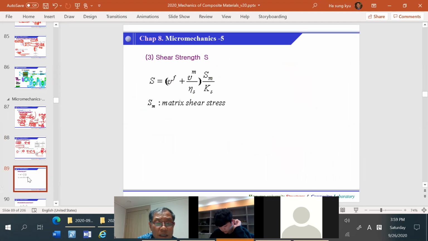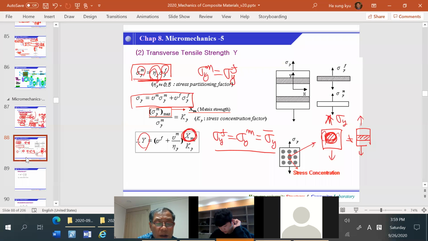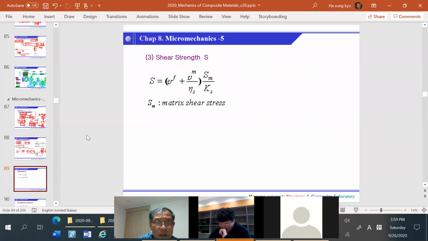We can do exactly the same for the shear here, sigma s m and sigma s, we call a stress partitioning factor for the shear direction. And previously we had this equal to 1, right?